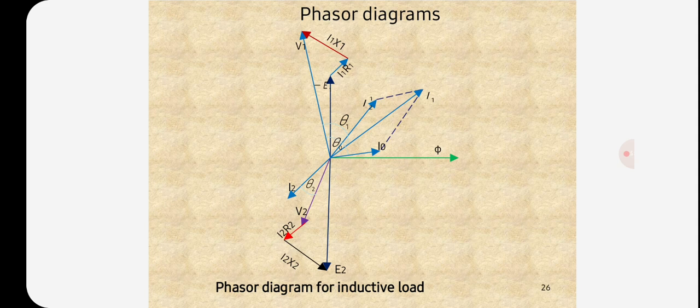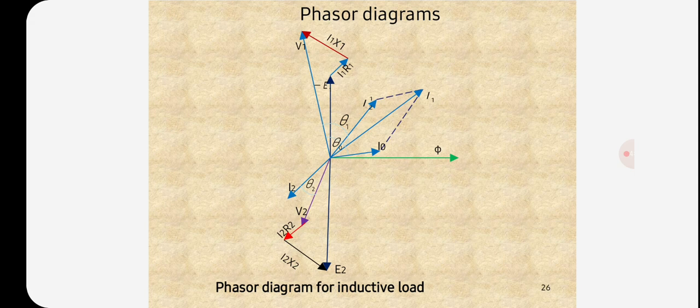On the primary side, minus E1 is equal to I1 R1. The I1 R1 is parallel to I1, and I1 X1 is perpendicular to I1 R1. So finally, V1 is equal to minus E1 plus I1 R1 plus I1 X1. On the secondary side, I2 and V2 have the angle phi 2, and V1 and I1 have the angle phi 1.